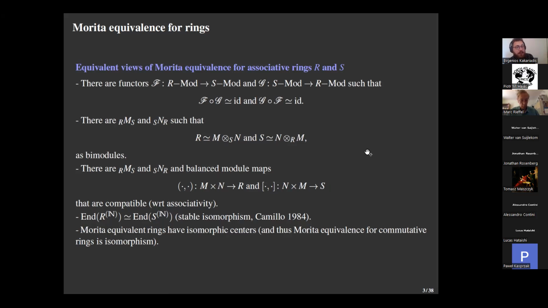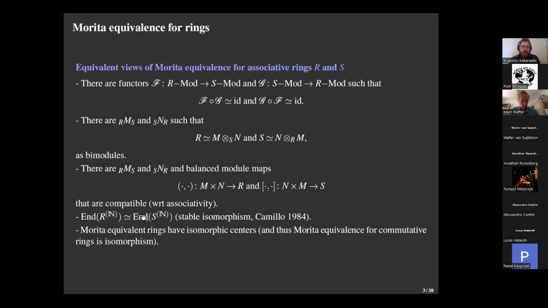Another way is to see it through balanced module maps. So you may have M and N that are bimodules, and you have balanced module maps that are compatible from M times N to R, and respectively from N times M to S. And another way of seeing it is through some kind of stable isomorphism.